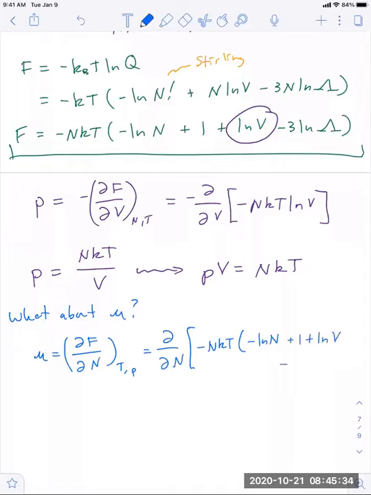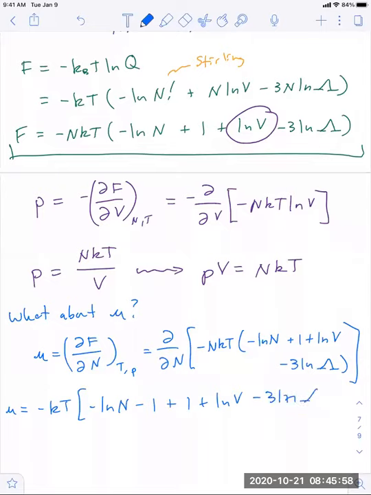minus 3 times the log of the de Broglie wavelength. So if I take this partial derivative and do some log manipulations, I get minus log N minus 1 plus 1 plus log V minus 3 log the wavelength.